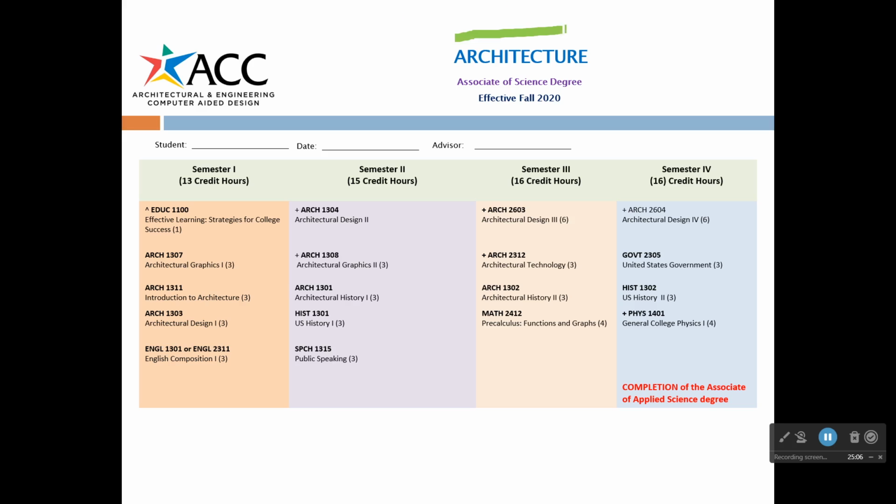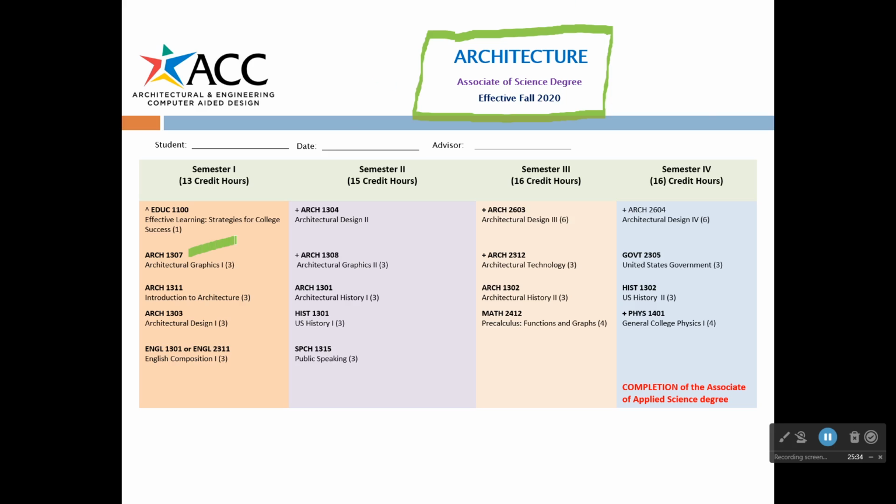All right, so some of you are probably interested in just getting an architecture degree. Now, this is not architectural CAD, and so 1405 is not even required in this. It's definitely helpful that you took it, but if you want to get an Associate of Science in Architecture because you want to transfer to architecture school, then this is the route.